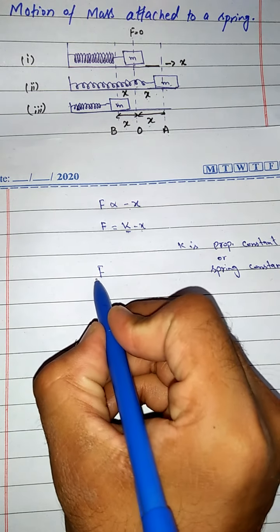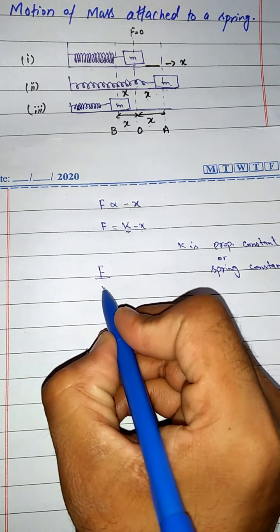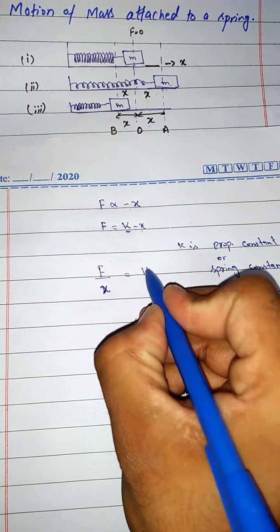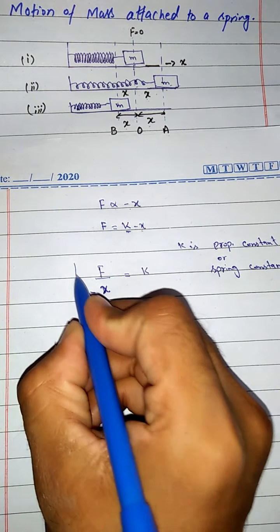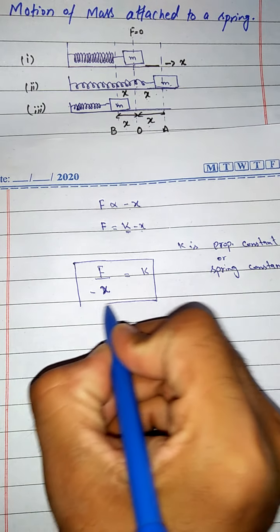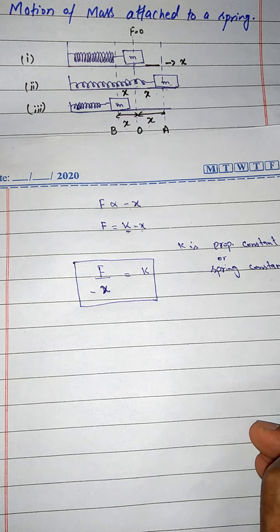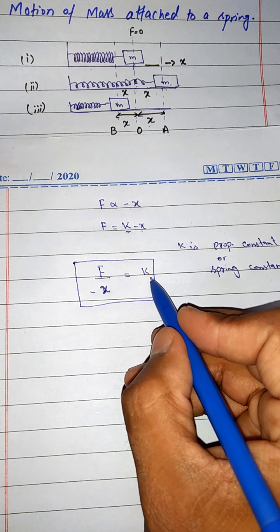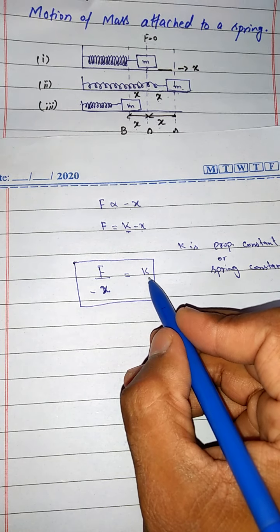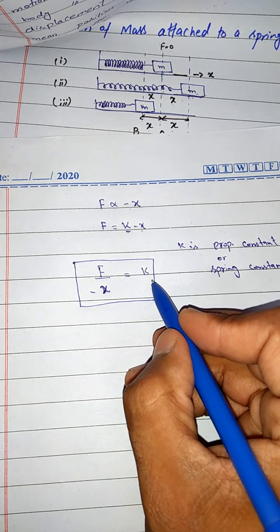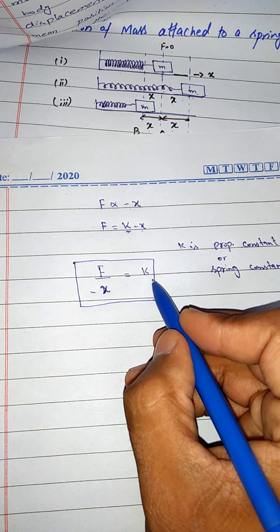So we can find the value of k, and that is called the spring constant. Now the value of k depends upon the stiffness of the spring. Stiff springs have a large value of k and soft springs have a small value of k.